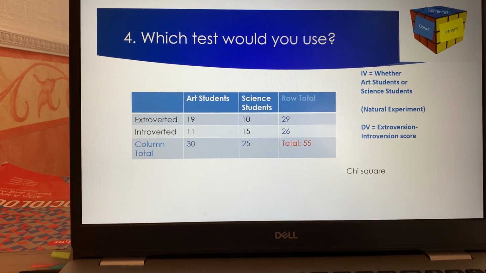Now, a hint for deciphering whether or not it's a chi-square is if you can see a contingency table like this. So if you're presented with a table, most likely it's a chi-square. Obviously not in all cases, still work through the same procedure: data, design, difference. But if it looks like this with a column total here, it's most likely going to be a chi-square.